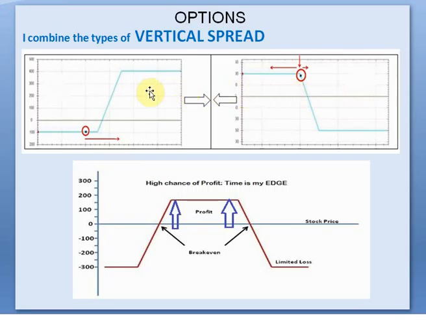I combine the bull put spread with the bear call spread, and then I get a new strategy that's one of our favorites, called iron condor, where it's fine that the underlying goes up or even down, as long as it stays in between the two strikes. But this iron condor is a good strategy, but it's not for every underlying. We use it for specific kinds of underlying.